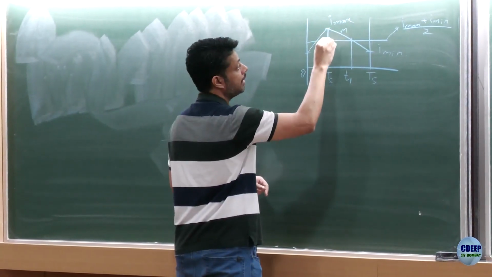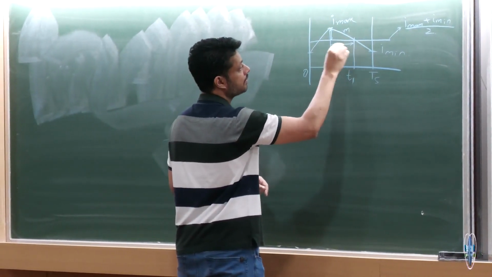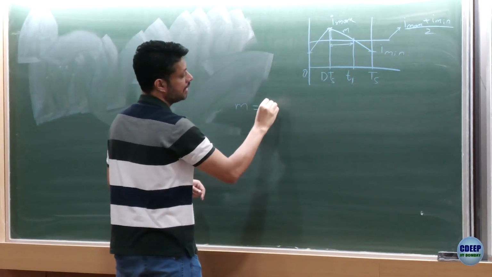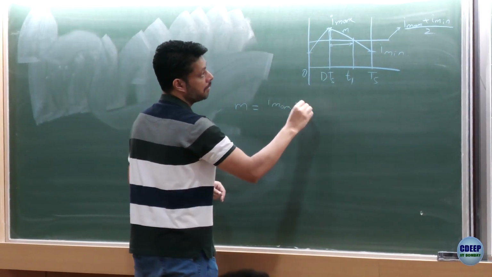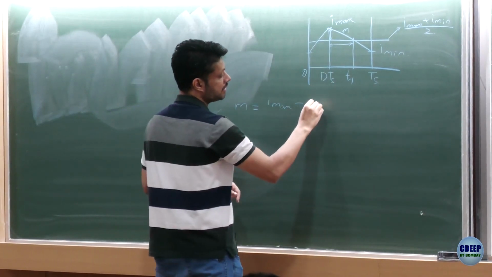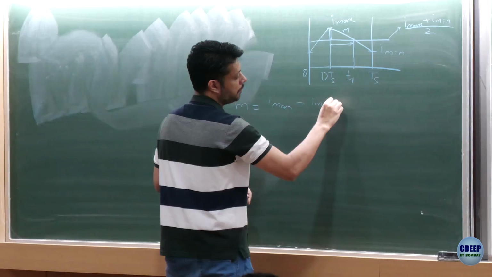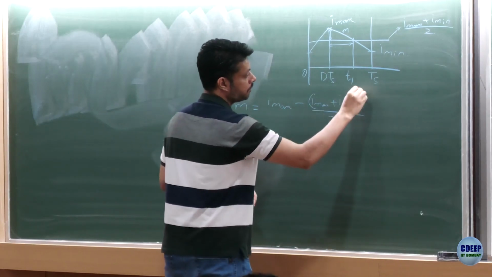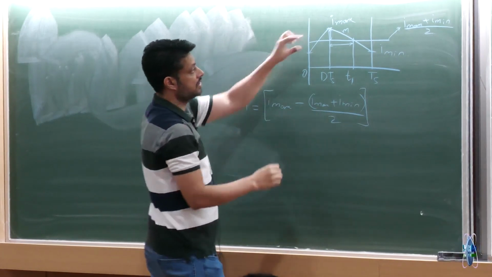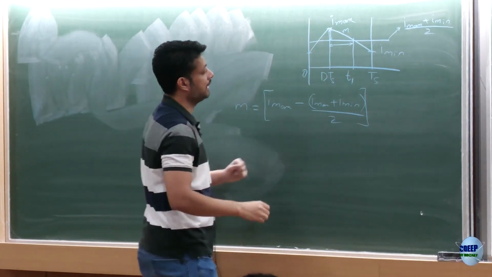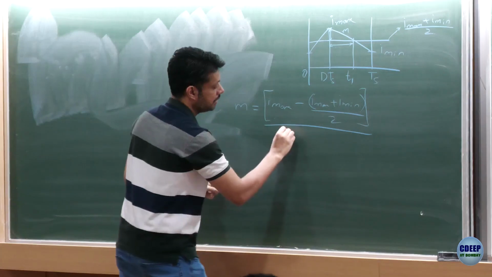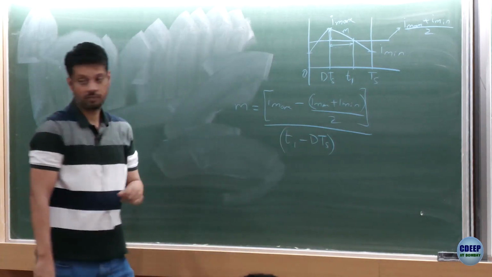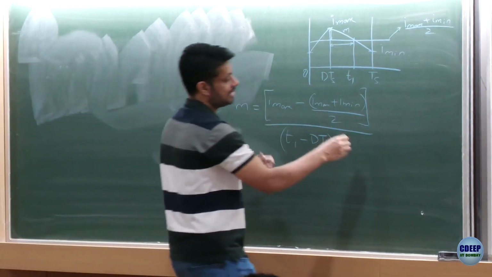So y upon x is m, so m is nothing but equal to y, which is I max minus the average value, which is (I max plus I min) upon 2, divided by the x axis, which is T1 minus d times Ts, right, and this is the same as slope.